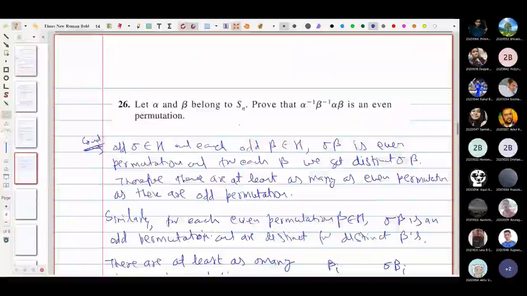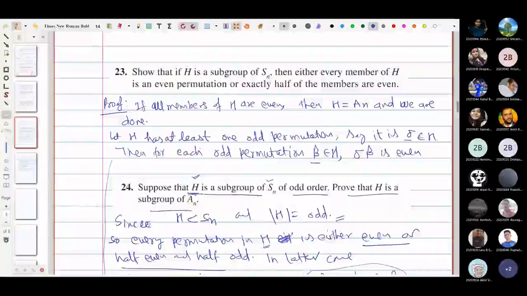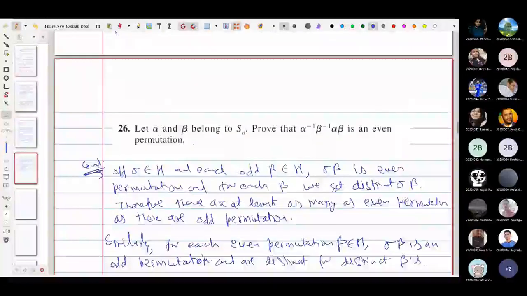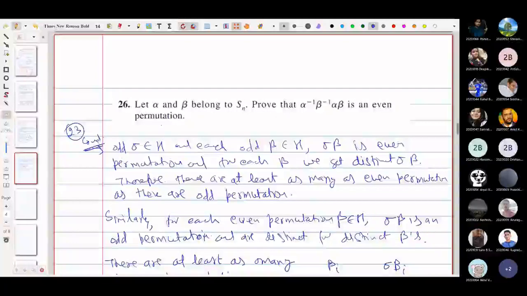I guess you can do this. This was the solution to question number 23, I think. 26: if alpha and beta belong to Sn, then prove that this is an even permutation.